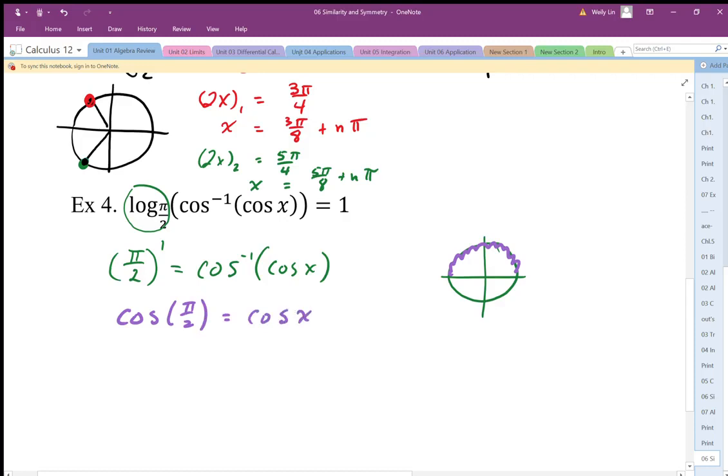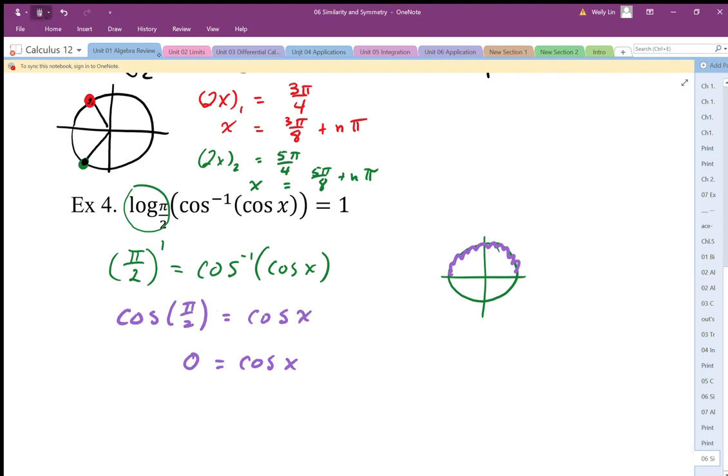Now because cosine is a repetition function, the x value can actually be not just pi over 2, but there are actual other values. So when we undo that part, we can actually work this out. So we're going to end up with 0 equals cosine x. And this is the reason why this shows up, because the arc cosine and cosine aren't perfect math inverses of each other. So we can't just say this is equal to that. We can say that the cosine pi over 2 is equal to 0.